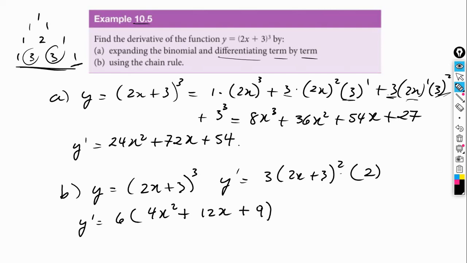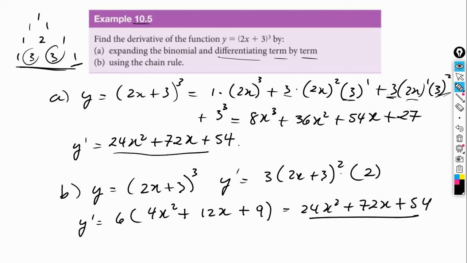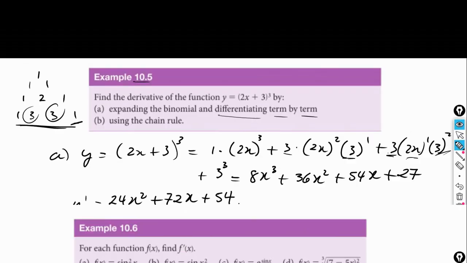And then this is going to be equal to 24x squared plus 72x, and 9 times 6, 54. So notice that we arrive at the same answer, but with fewer operations.